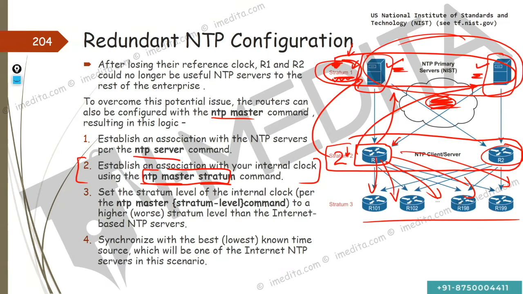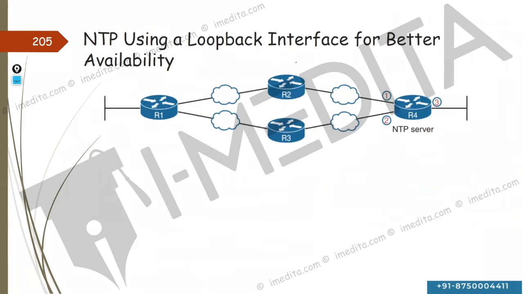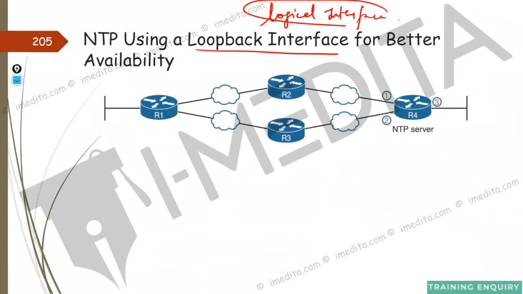There is another thing I want to talk about here, related to the loopback interface. I have discussed earlier that loopback interfaces are logical interfaces. These don't exist physically, and you can make lots of loopback interfaces.